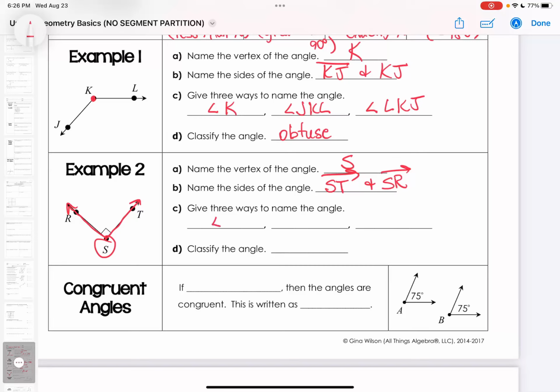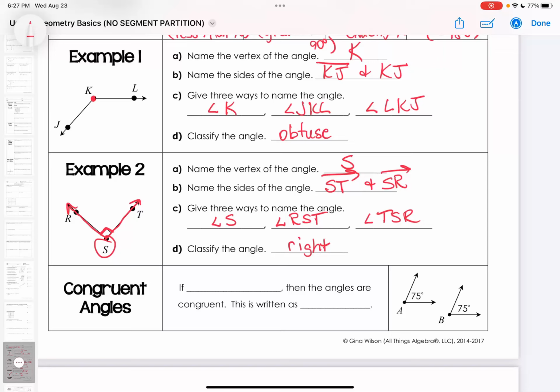So three ways to name it. We can do angle S, angle RST, or angle TSR. So classifying this one, here I have that little square, which indicates it is a right angle.